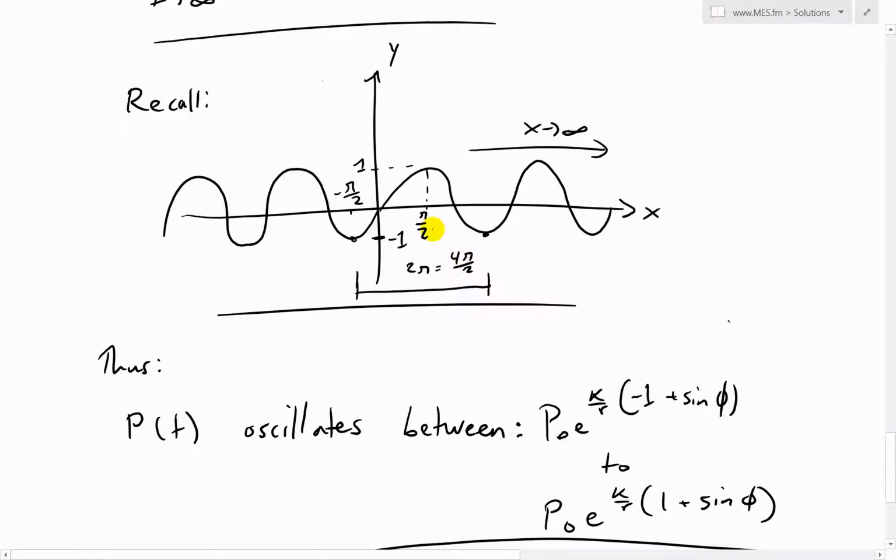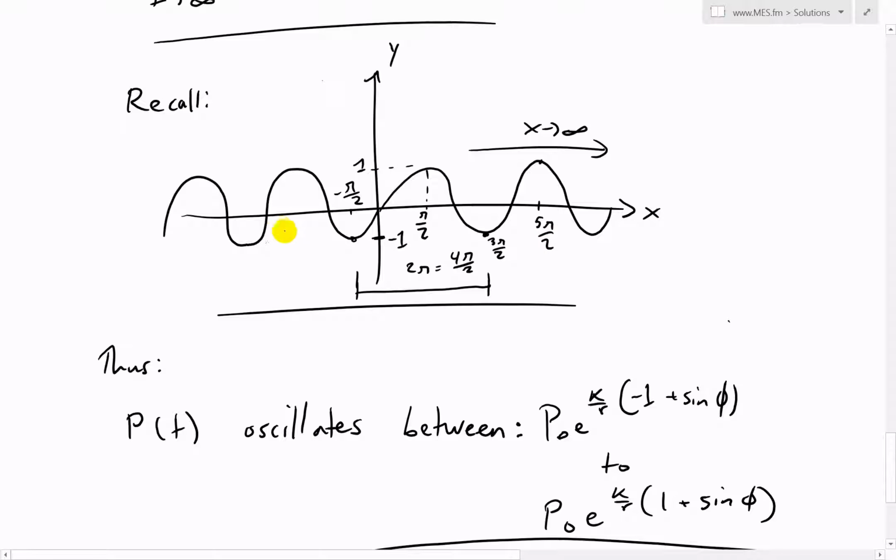So when you add 4 pi over 2 to negative pi over 2, that's going to be 3 pi over 2. And from here to here is also separated by 4 pi over 2, the period, so pi over 2 plus 4 pi over 2 is going to be 5 pi over 2.